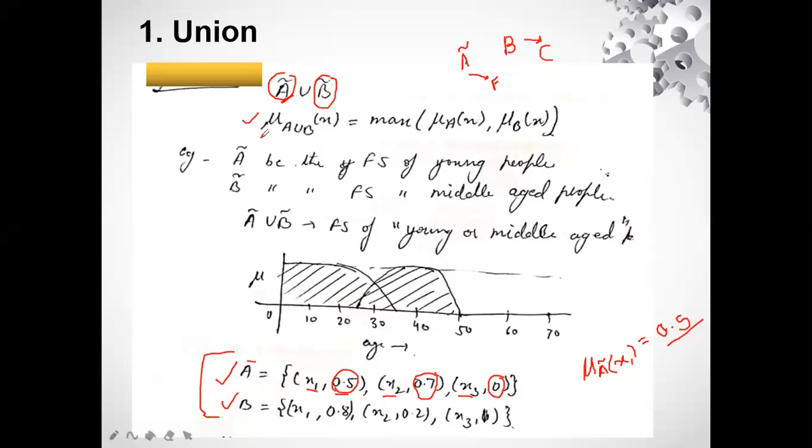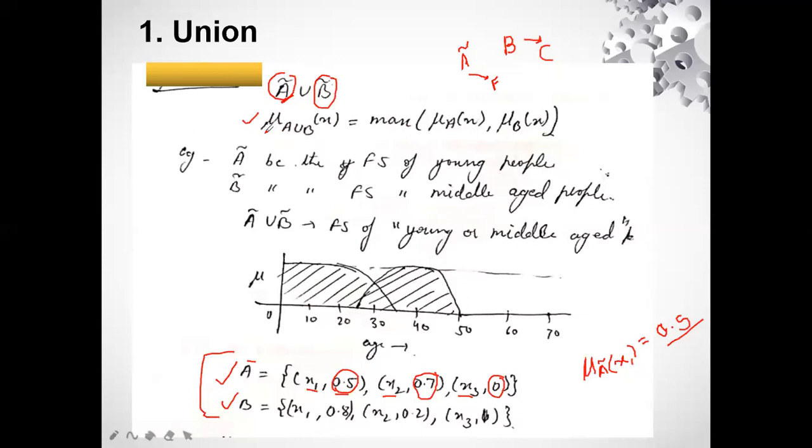We have the membership function of this. So mu A bar union B bar of X is equal to what? We can have any number of X. It is the maximum of mu A of X and mu B of X, right?